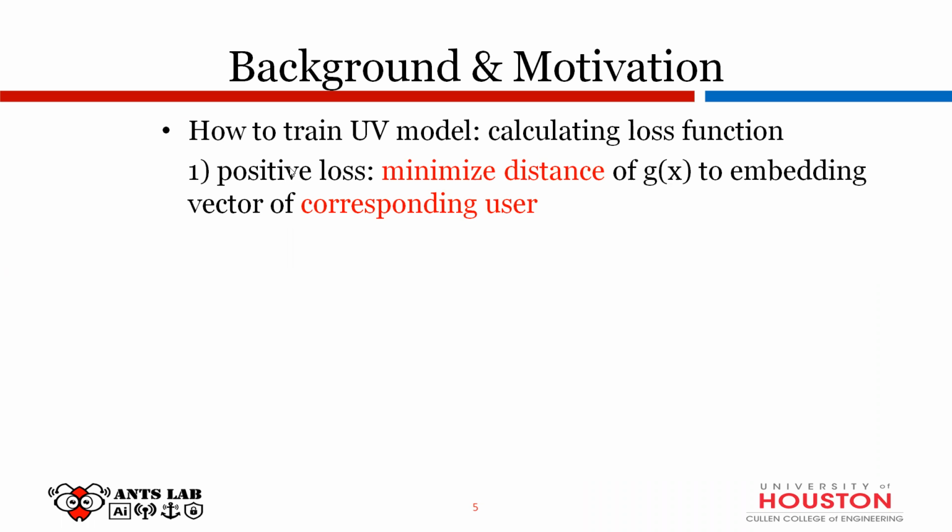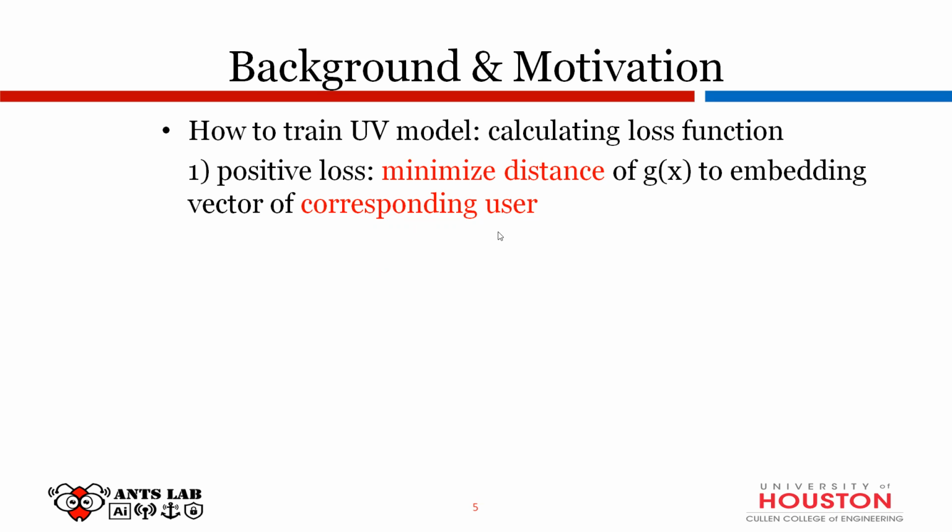We can divide the loss function into 2 types. The first one is the positive loss. The purpose of the positive loss is to minimize the distance of GX, the user output, to the embedding vector of the corresponding user.